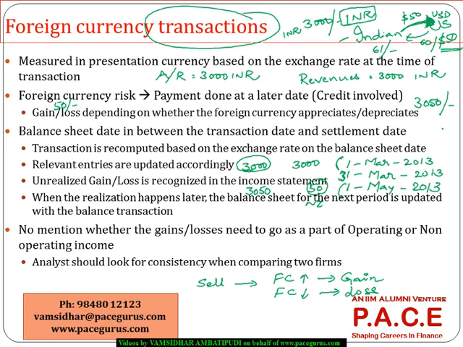Whenever the balance sheet date is between the transaction date and the settlement date, what is expected to be done is to find the exchange rate on the balance sheet date. So let me assume that on the balance sheet date the exchange rate is 60.6 rupees a dollar.